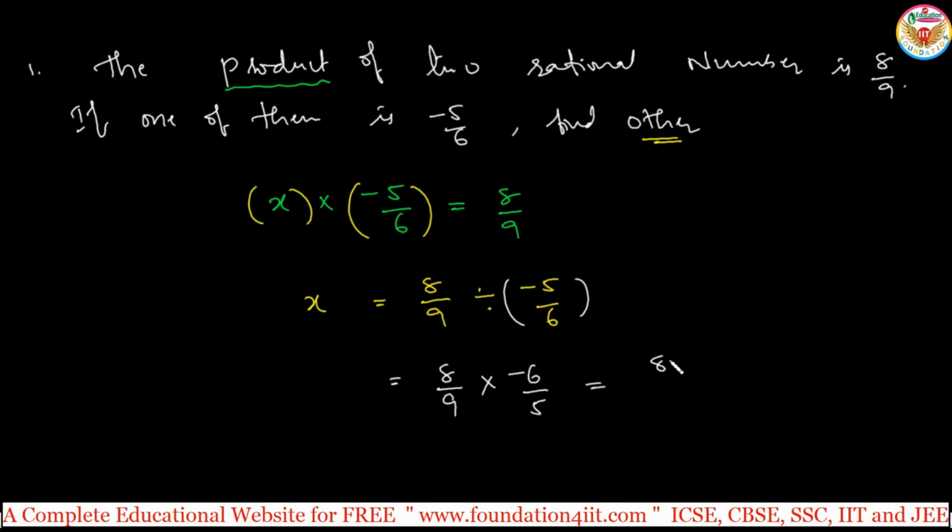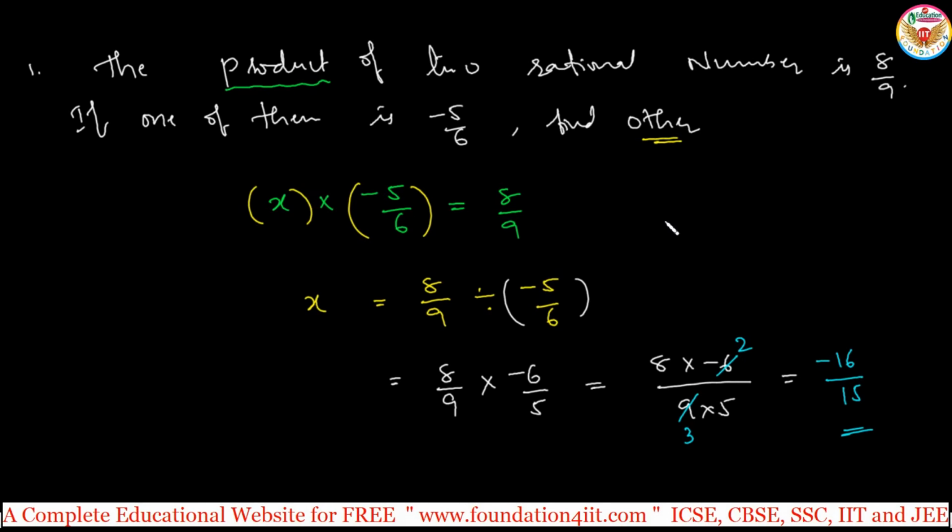Now 8 into minus 6 by 9 into 5. Cancel 9 and 6 in the 3 table: 3 threes are 9, 3 twos are 6. So 8 into minus 2 is minus 16, and 3 into 5 is 15. So minus 16 by 15 is the other number.